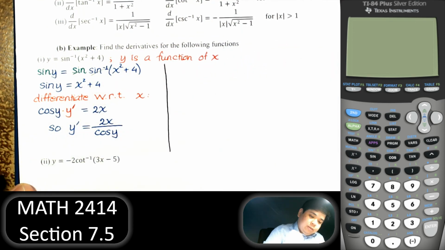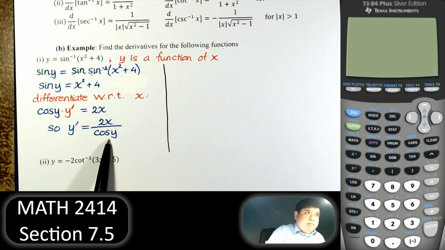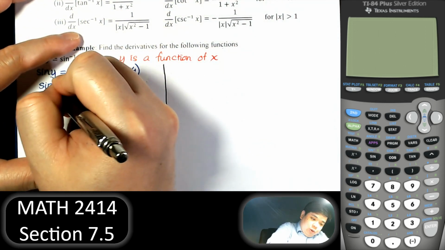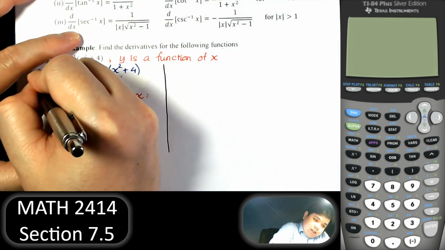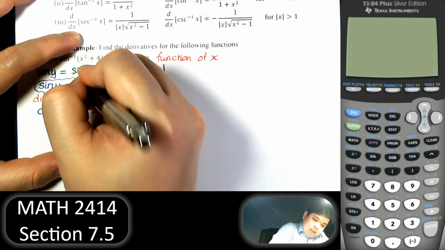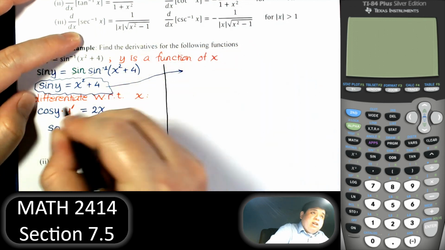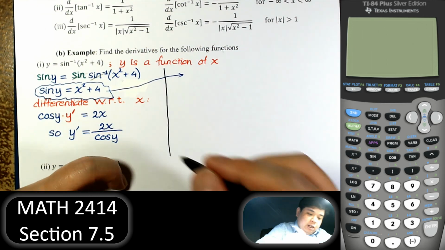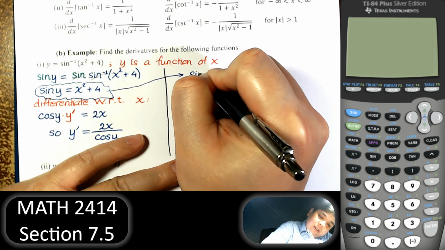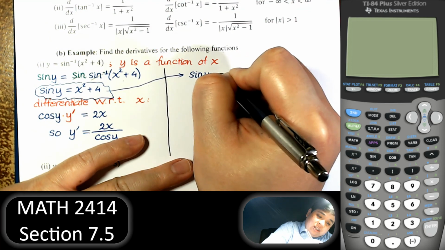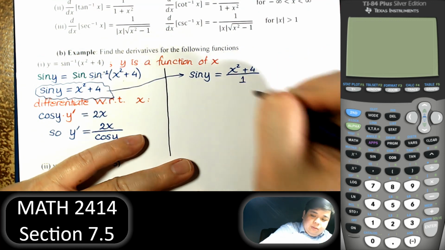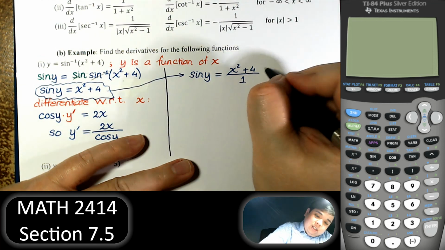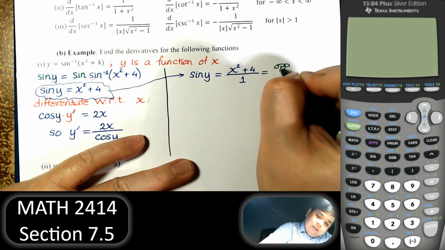Now, trying to find cosine of y, we will focus on this part here. We've done the calculus, now we just do the trigonometry. Sine y. Now we write this as a fraction, as a ratio. Sine is opposite over hypotenuse.